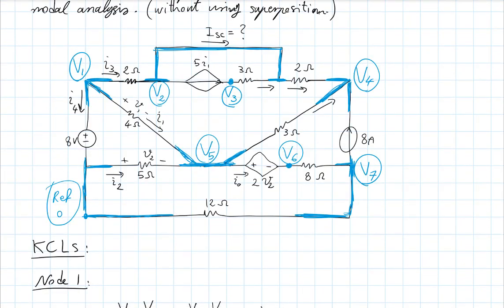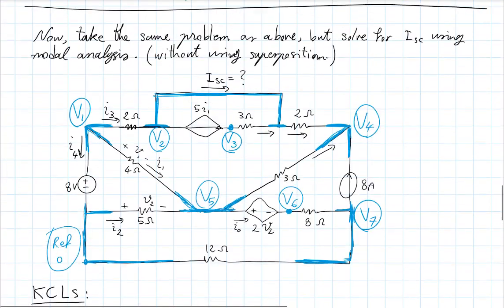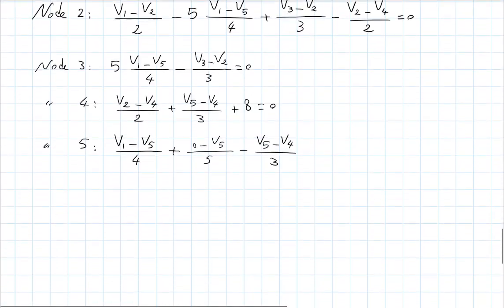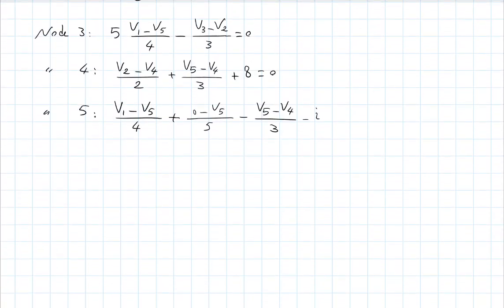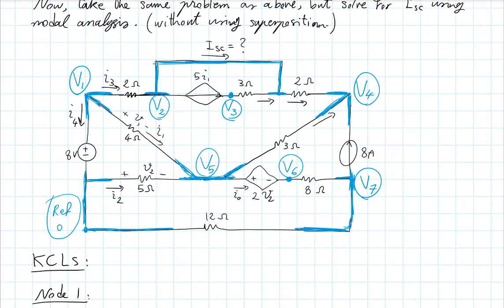Minus the current leaving through the 3 ohm resistor. That's V5 minus V4 divided by 3. Minus that I0 that I have indicated. And that I0 doesn't have a direct relationship to the voltage there.